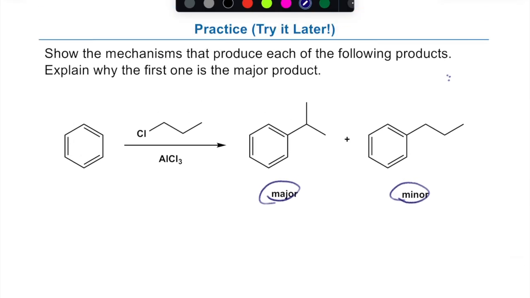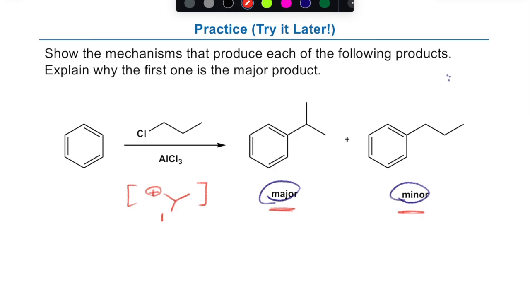For this practice question, this question is really getting at generating a primary carbocation and why that's unstable, and getting you to rationalize why this is the major product and that's the minor product. So initially, upon reaction with the aluminum trichloride, we're going to generate this primary carbocation, which will then undergo a hydride shift to form the more stable species, which is this secondary carbocation, which will then react with the benzene ring to form the major product.